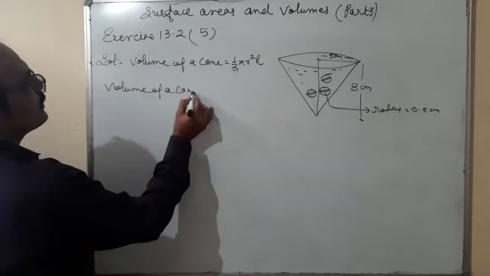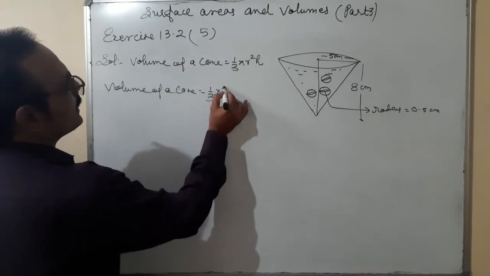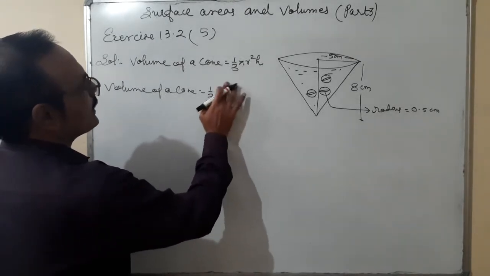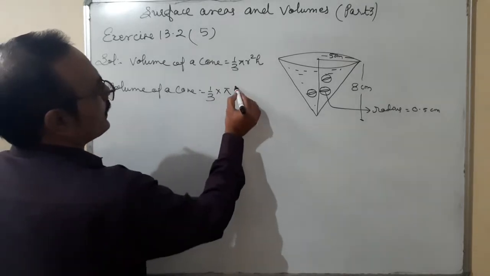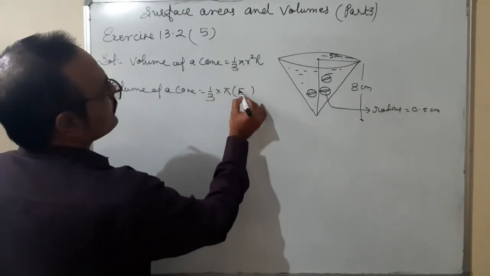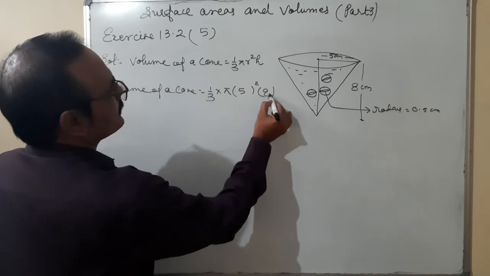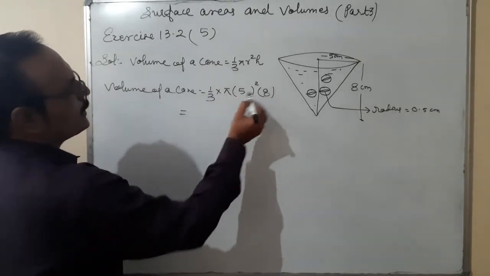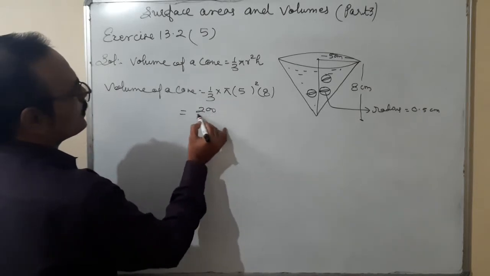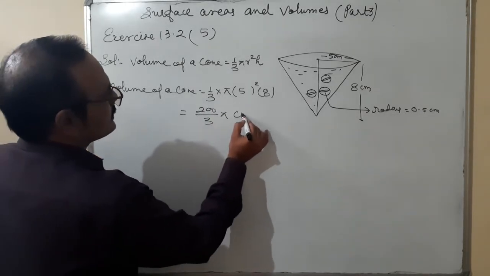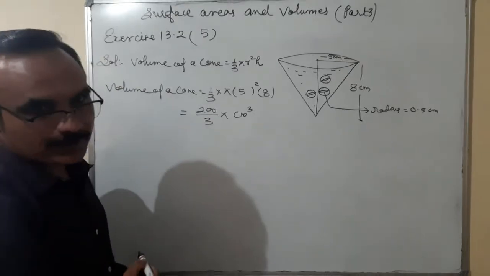I am writing pi only, because this pi will cancel. Pi r square, radius 5 square, into h which is 8. 5 5s are 25, 25 8s are 200. So 200/3 pi centimeter cube.